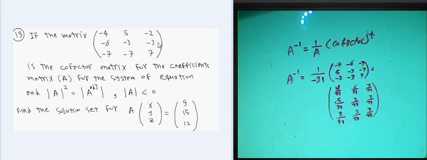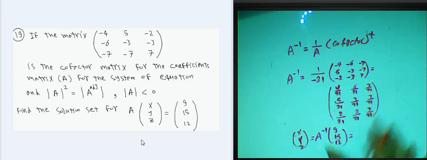And then you can write here the multiplication x and y and z. Write x and y and z in the first here, equal to the inverse of matrix A multiplied by 9 and 15 and 12.